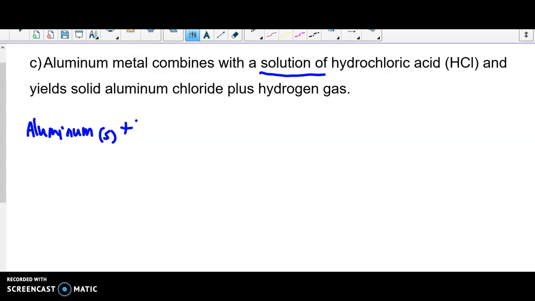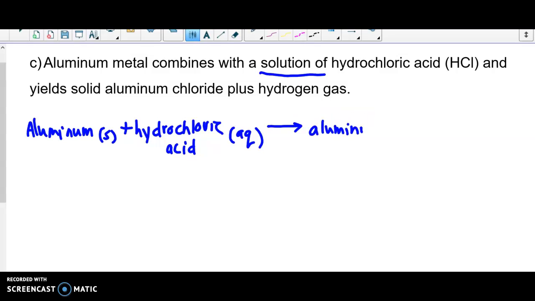It's going to combine with hydrochloric acid. This is a solution of hydrochloric acid, meaning it's AQ, an aqueous solution. This will form aluminum chloride, which is a solid, and hydrogen gas.